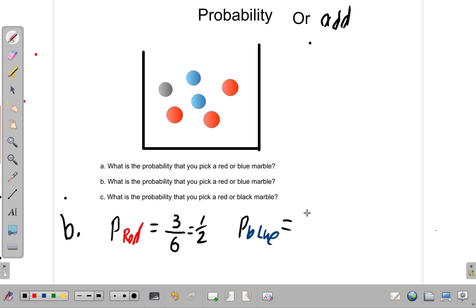It's going to be 2 blue divided by a total of 6 marbles, which is what in this case? 2 into 2, 1, 2 into 6, 3, 1/3. So, what is the probability that the marble is red or that the marble is blue?